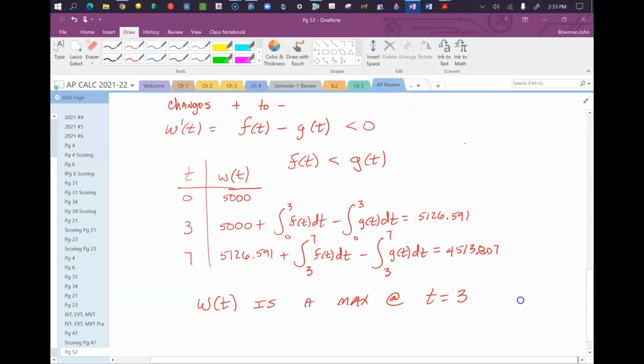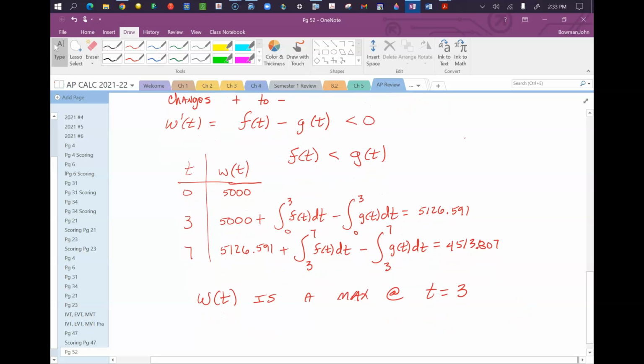And we've already justified that by looking at W prime, where it changes from positive to negative at t equal 3, and the endpoints. And W of 3, it also asks what that is approximately equal to, 5,122 gallons, because it says to the nearest gallon.